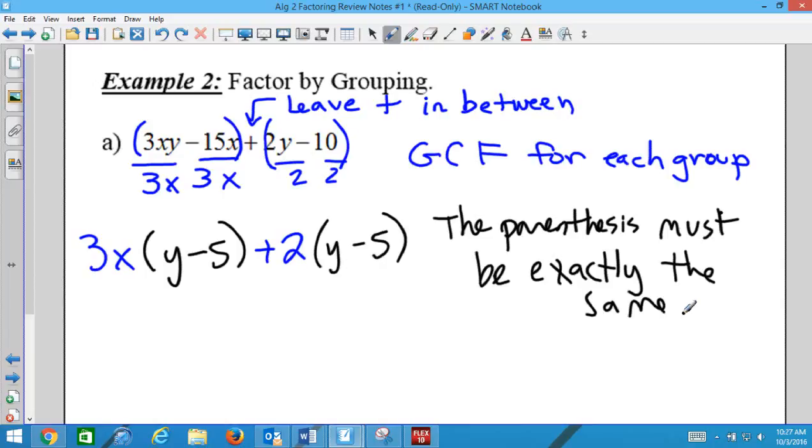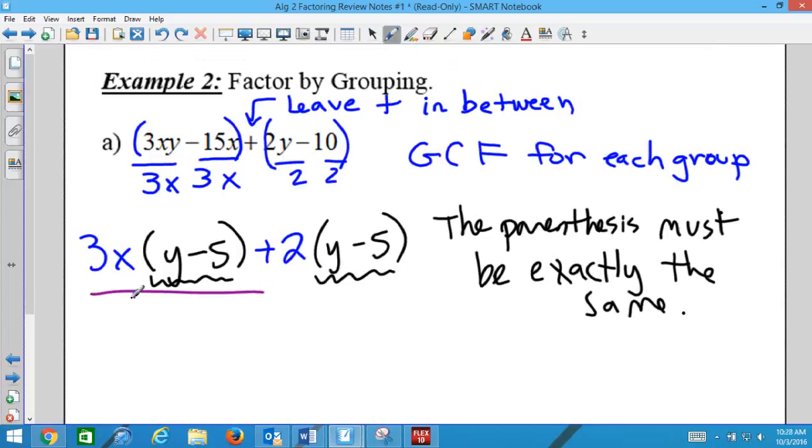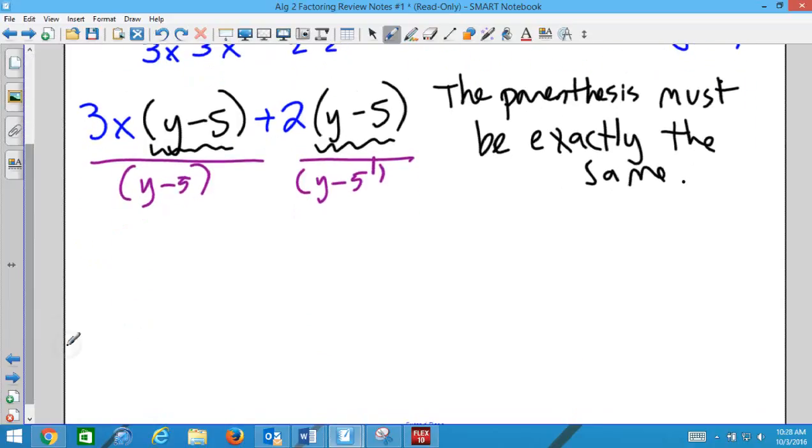So what you're going to do now is take the parentheses and divide out the entire y minus 5 from both. We're going to undistribute y minus 5. So that y minus 5 goes in front because we're undistributing that.